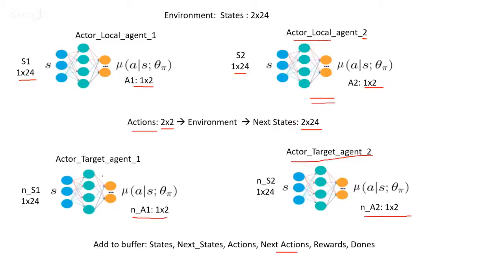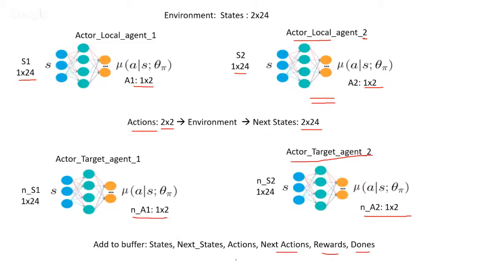After this step I'll get the next state, but I will also get reward and dones from the environment. We have seen this many times. So I will make a tuple of states, S1 and S2 stacked together, and next states, NS1 and NS2 together, so all are 2 by 24.